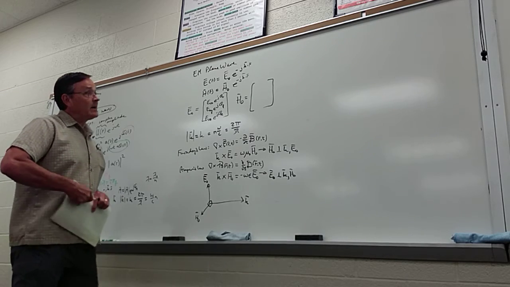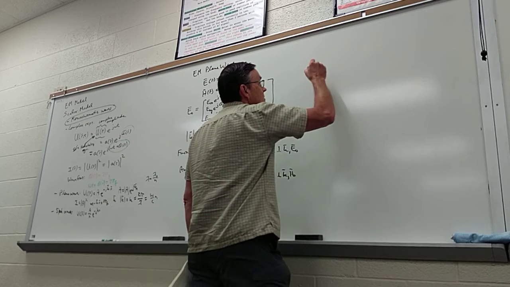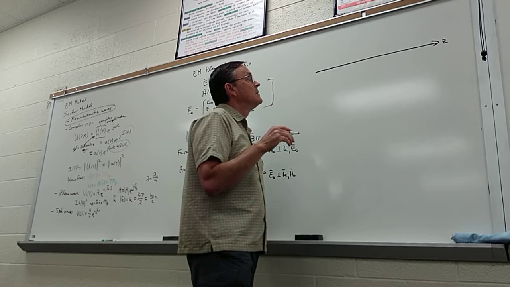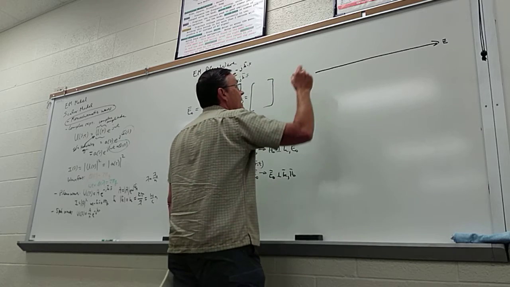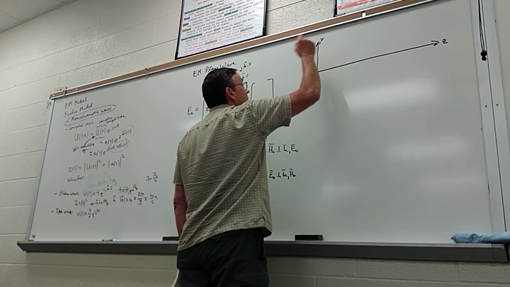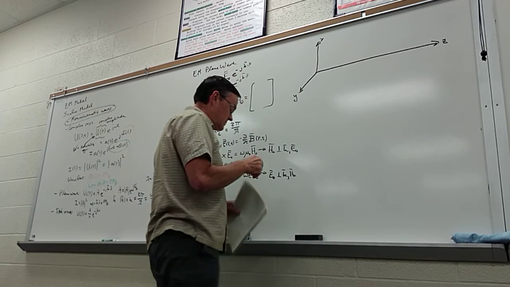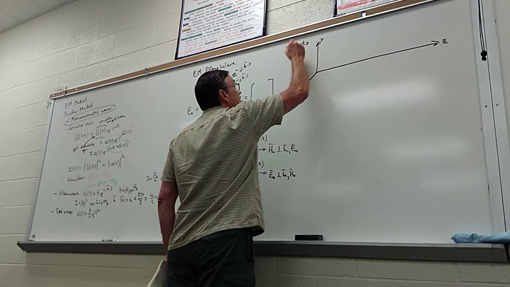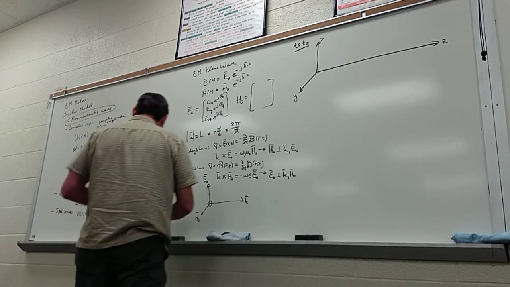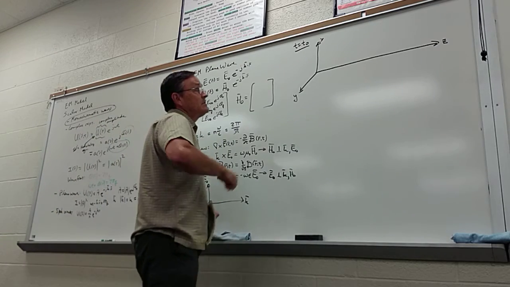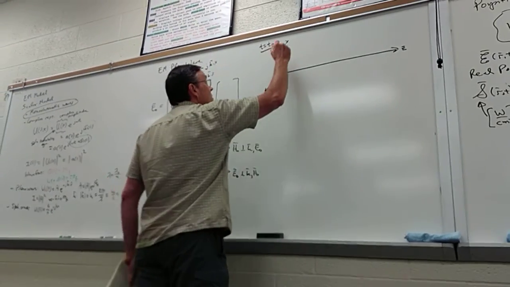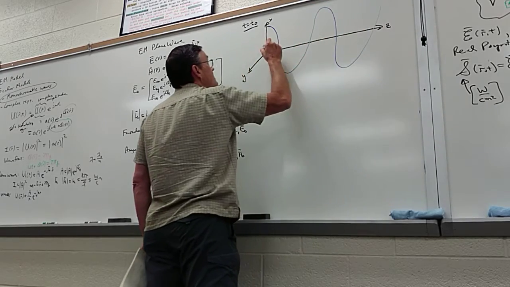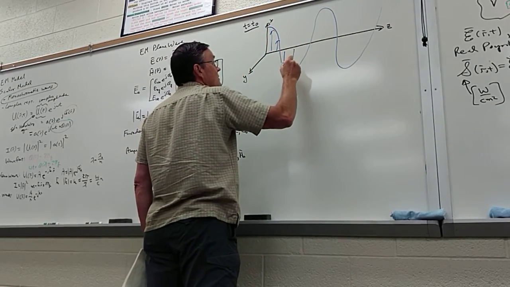Okay. In fact, what we could do is, let's say that we had a wave propagating in the z direction. And let's say that in the x direction we had the electric field, in the y direction we had the magnetic field, and we freeze this for some time, t equals t0. Then the picture of a snapshot of this electromagnetic field would be an electric field doing this sort of thing.